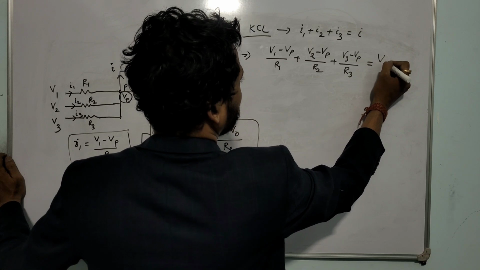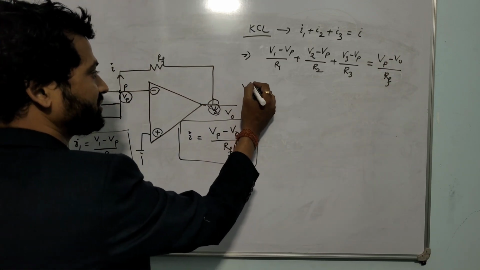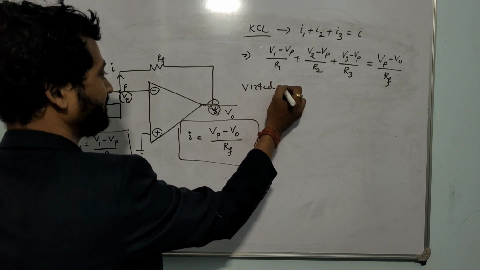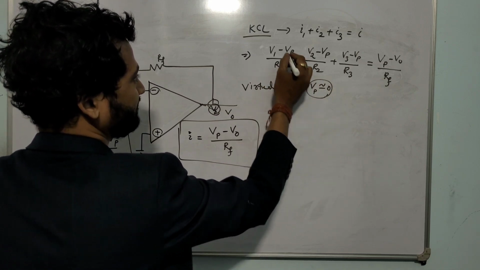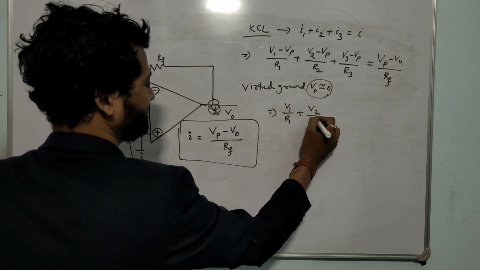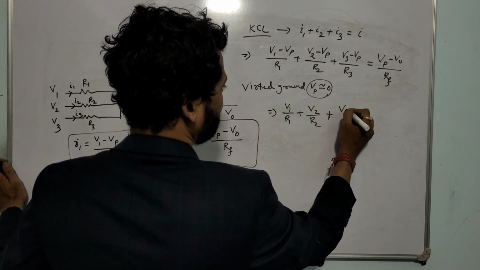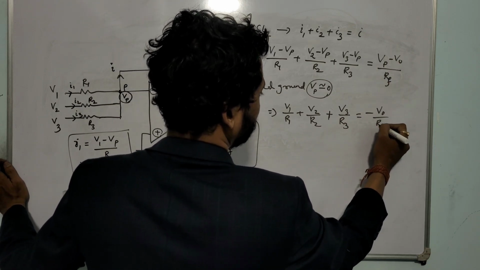Vp minus V naught upon Rf. ठीक है, यहाँ पे वर्चुअल ग्राउंड कॉन्सेप्ट अप्लाई करो. मैंने बोला था वर्चुअल ग्राउंड मतलब क्या है? Vp नियरली जीरो. यहाँ पे जीरो डाल दो. So मतलब V1 upon R1 plus V2 upon R2 plus V3 upon R3 is minus V naught upon Rf.